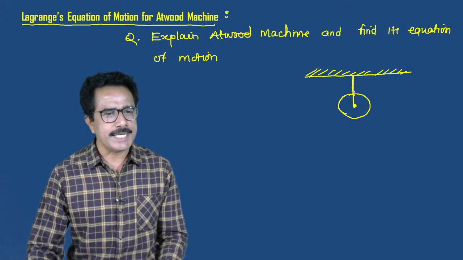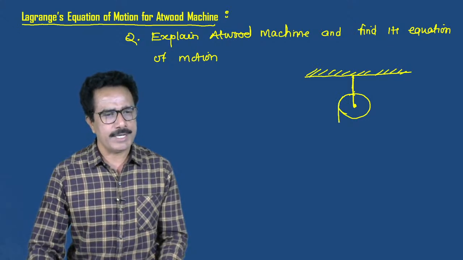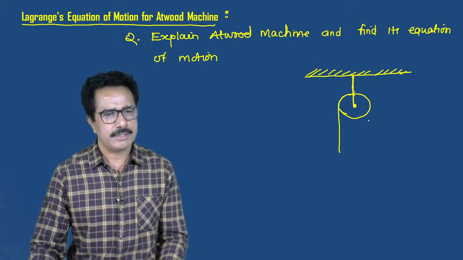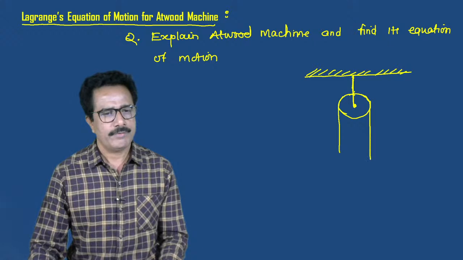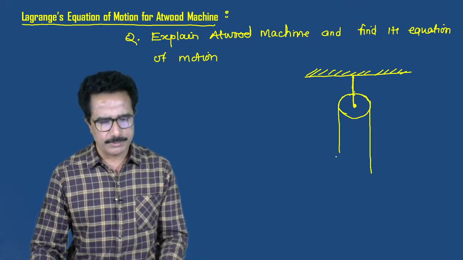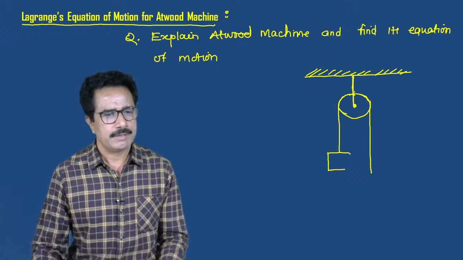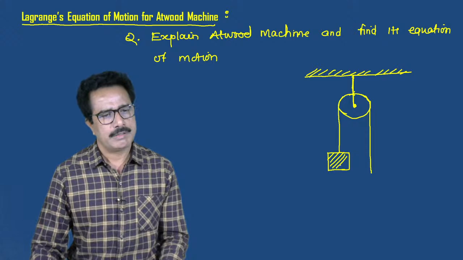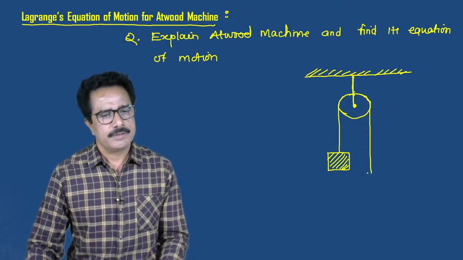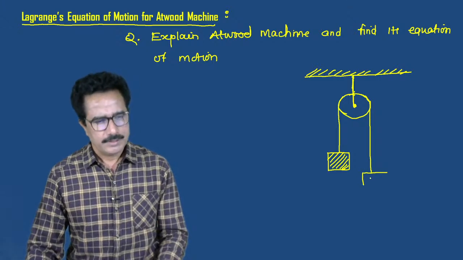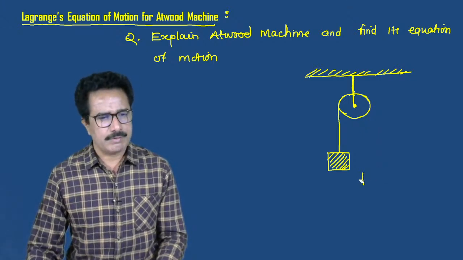Now two masses, suppose this is mass M1 and this is mass M2, are attached to the pulley.